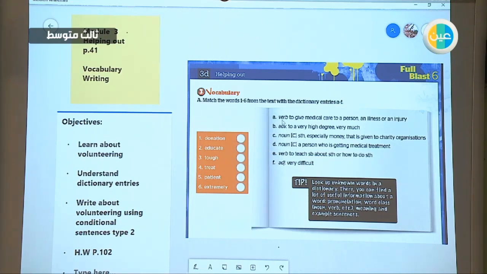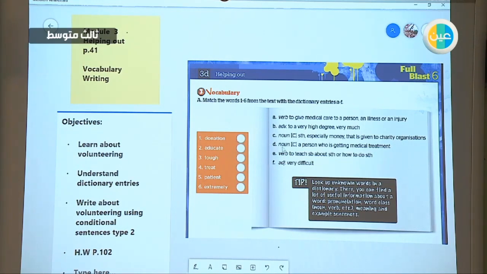A, verb, to give medical care to a person, an illness or an injury. So its part of speech is verb. It means to give medical care to a person. B, its part of speech is adverb, which means to a very high degree or very much. C, its part of speech is noun, something, especially money, that is given to charity organizations.